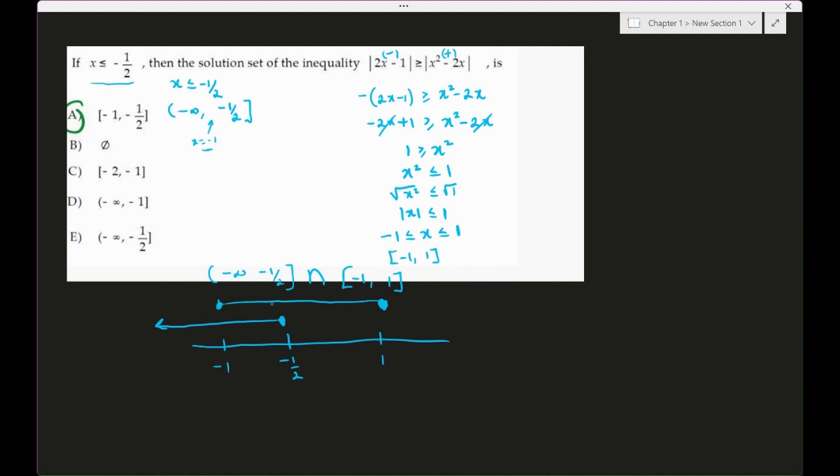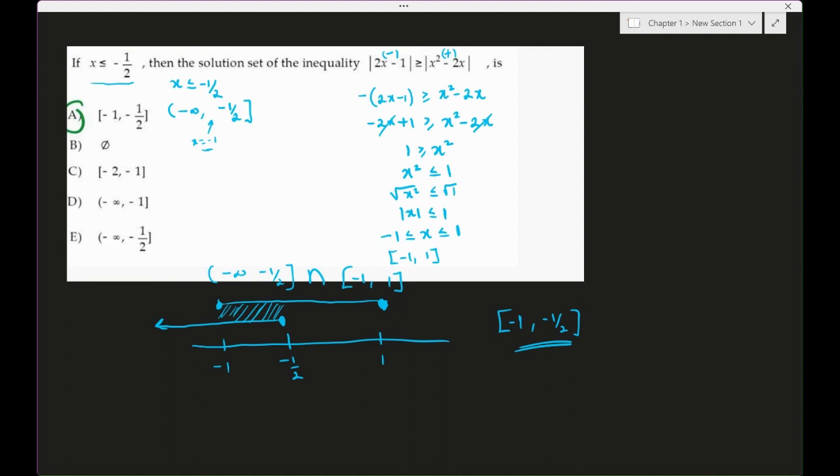You will see that what is possible is just here. This is where we have the intersection. So in this case, our solution set is just going to be from minus 1 to minus half.